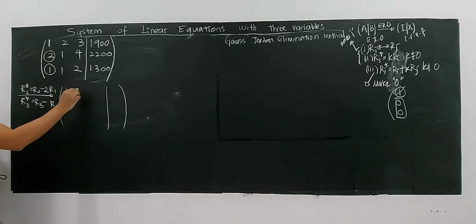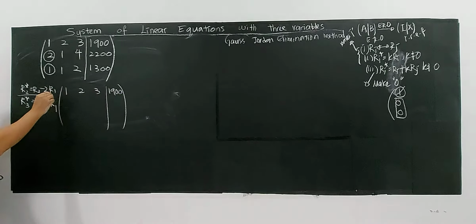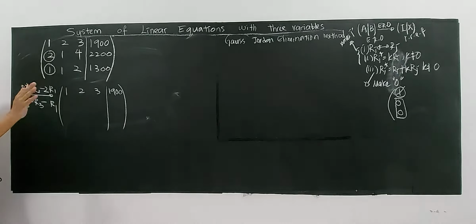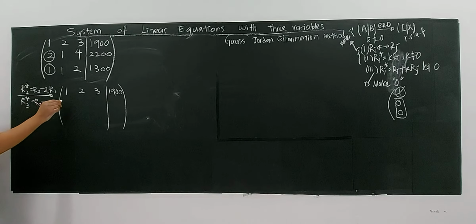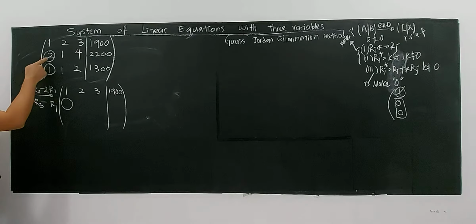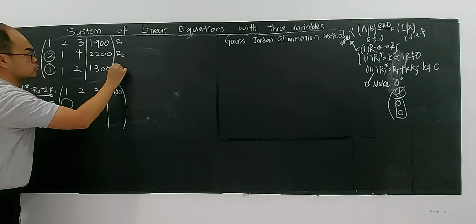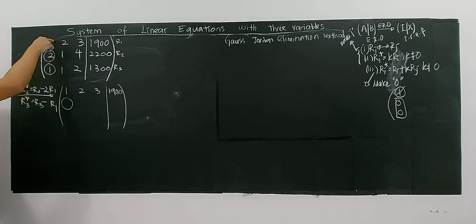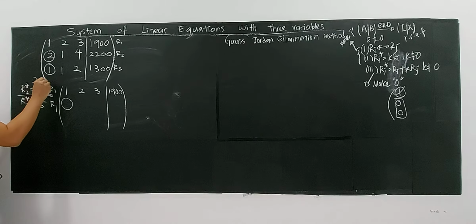operation. So you have 1, 2, 3, 1900. This one I copy back because row 1 is not involved in the operation here. So now row 2 minus 2 row 1. For this entry here, you will refer to row 2 and row 1. So 2 minus 2 times 1 from row 1, you have 0.